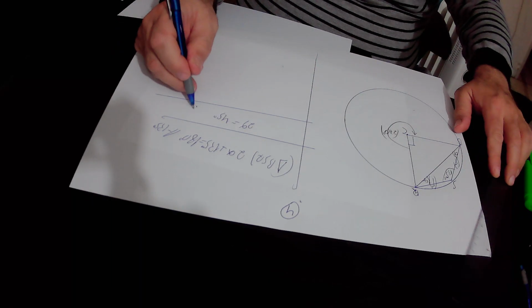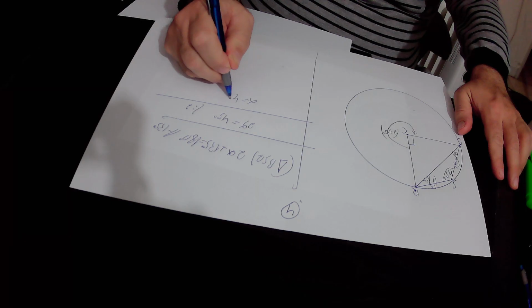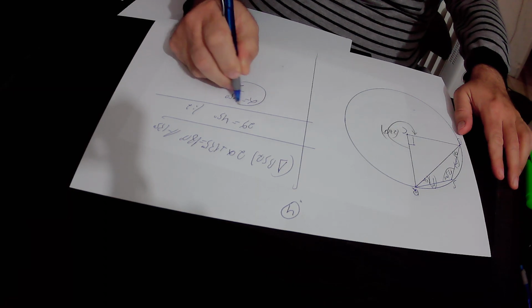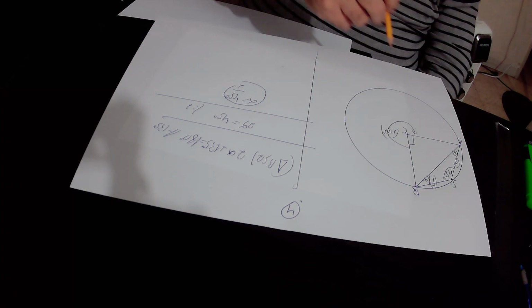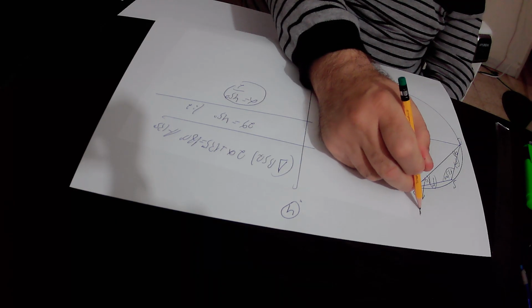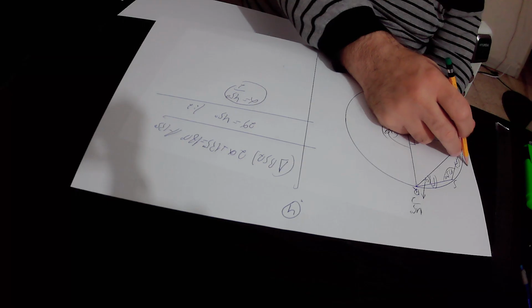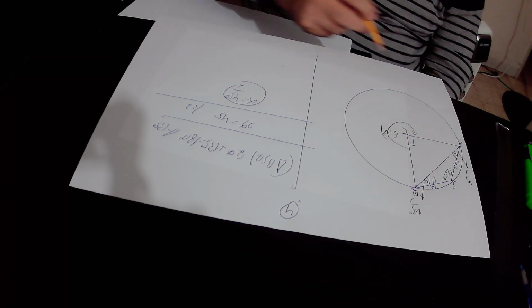We divide this equation by 2, and finally we get that alpha equals 45 over 2 degrees. So this is angle alpha that equals 45 over 2 degrees, and this is also angle alpha that equals 45 over 2 degrees.